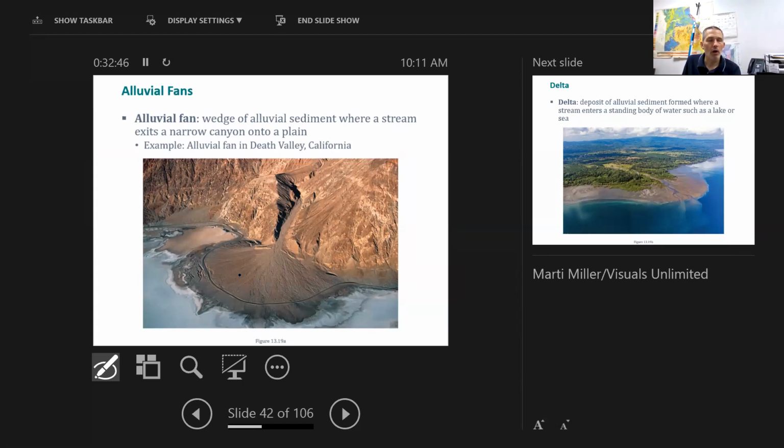Now, if we have a mountainous region with a very steep gradient entering into a flat area away from the mountain, the gradient is going to change and the competence of the river will therefore change, and you're going to end up with sediments being deposited in this fan shape, like an old-timey fan that you would fan yourself with.